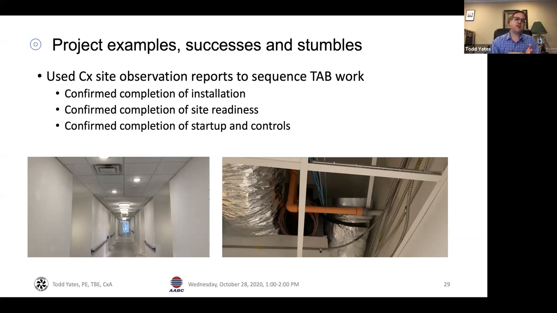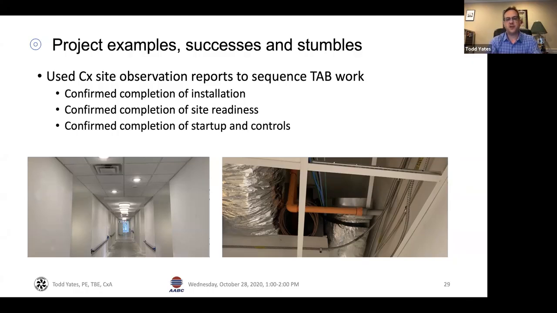You can see a shot of the site readiness, looking down the hallway there. We weren't on site when things weren't installed. The building was complete. It was clean. They weren't running finishes. We didn't make multiple trips to the site to try to get things done.